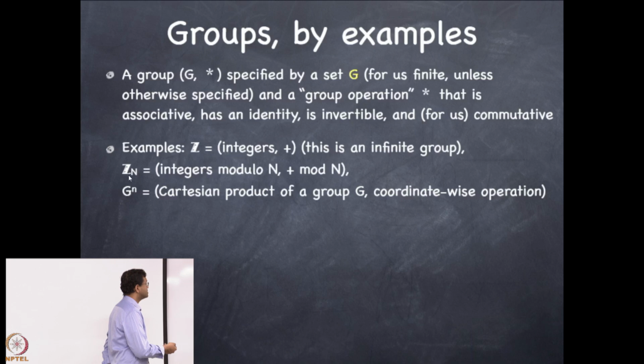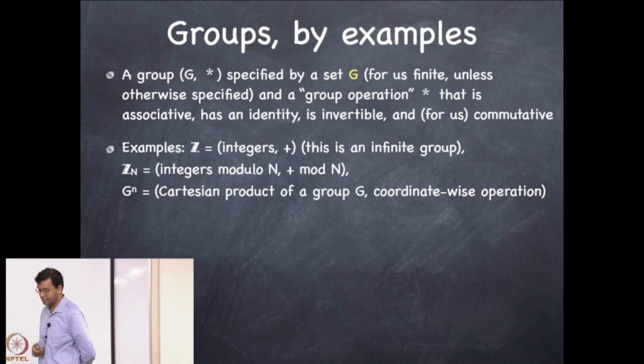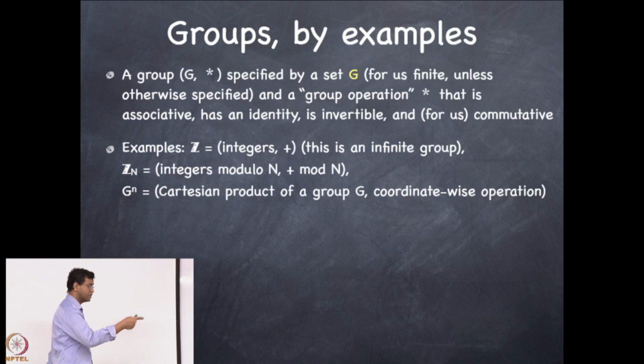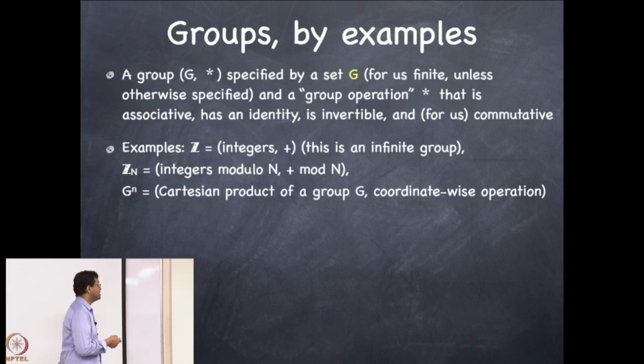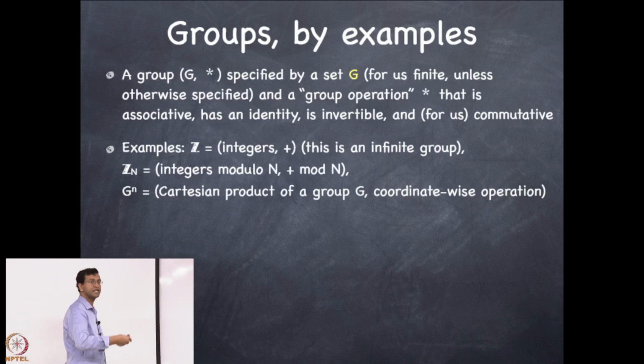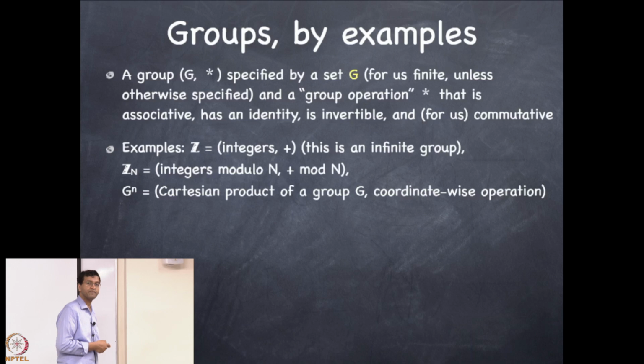An example of such a group is Zn, which simply stands for integers modulo n. So it's numbers 0, 1, 2, 3 up to n minus 1, and the group operation is addition modulo n. So you add something, it becomes larger than n, you subtract n from it. And that's addition modulo n.